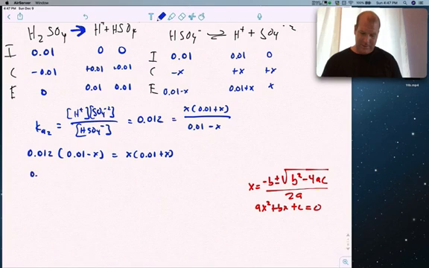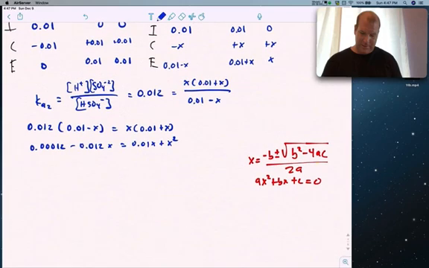So now I have to FOIL both of these. 0.00012, is that right? Yes, 2 zeros there. Minus 0.012x equals 0.01x plus x squared. So now we have to get into ax squared plus bx plus c equals 0.